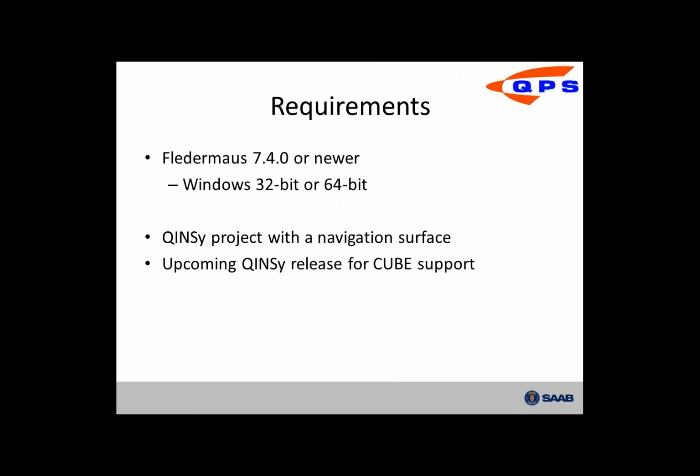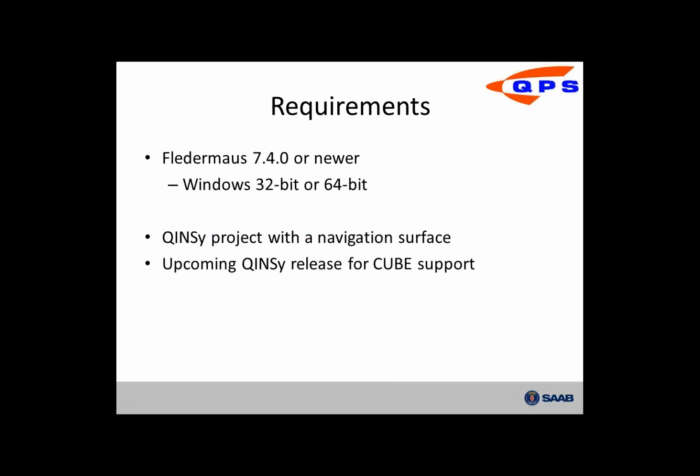Also, you need a Quincy project with a navigation surface. Now, you create that in the Processing Manager, and I'll show you a quick example of that. Now, to use Cube as part of this workflow, if you're familiar with using the Cube algorithm for creating a statistical surface and using your total propagated uncertainty as part of a statistical filter on your surface, well, that's available with the upcoming release of Quincy.